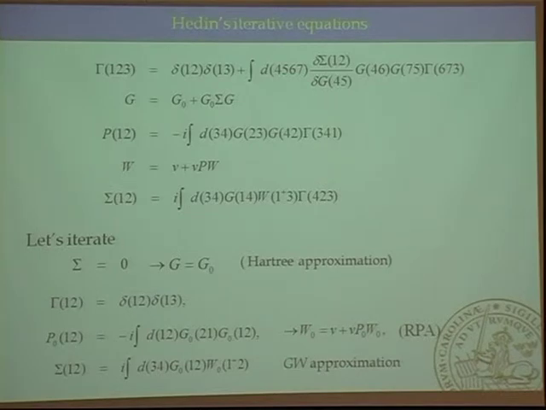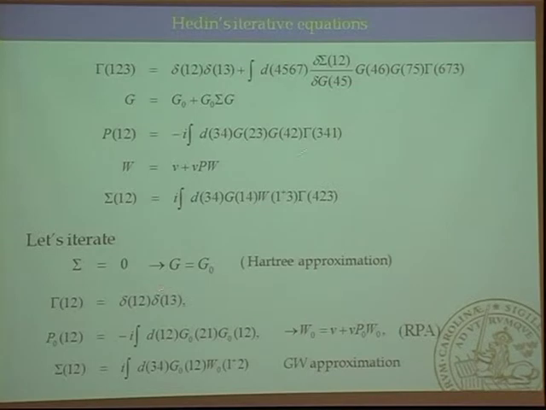So let's see how it works. This is actually not an integral equation, but rather an iterative equation. So you cannot just invert these equations, but rather you have to iterate. So let's start from a self-energy that is 0, because we don't know what the self-energy is, so we just put it to 0. Then this gives us the Hartree Green's functions, because we don't have any exchange and correlations.